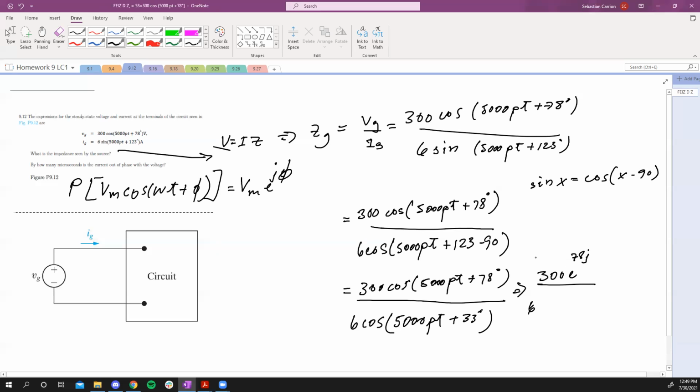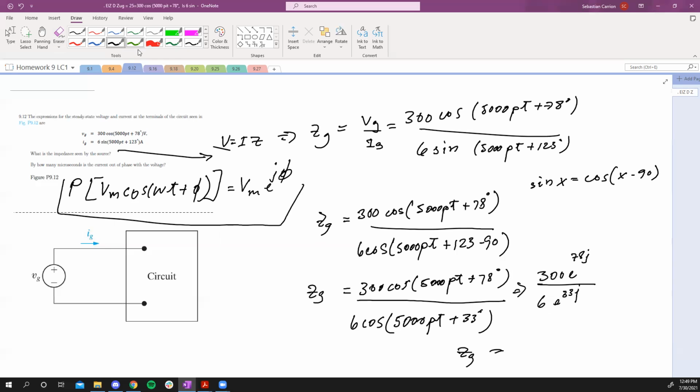Okay, so if that makes more sense following that notation, that is what I'm following to convert these. So 300 e to the 78j over 6 e to the 33j, and this is all equal to the impedance, Z_G. Oh, it's not 66, it's 6, right?